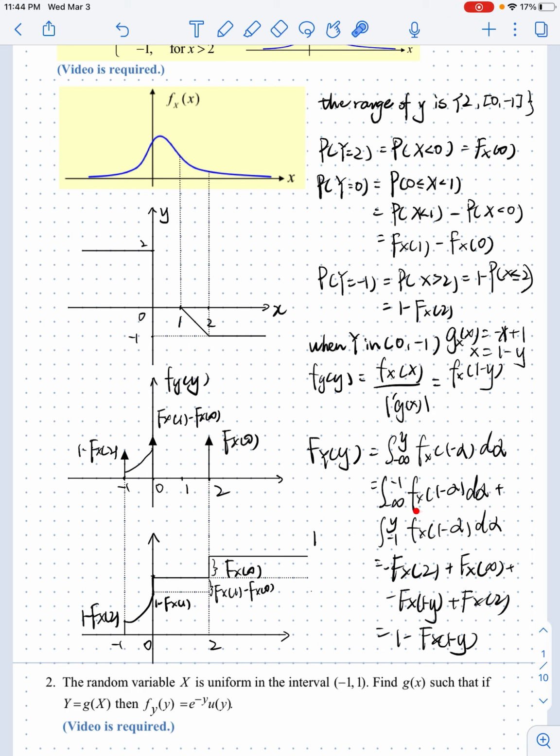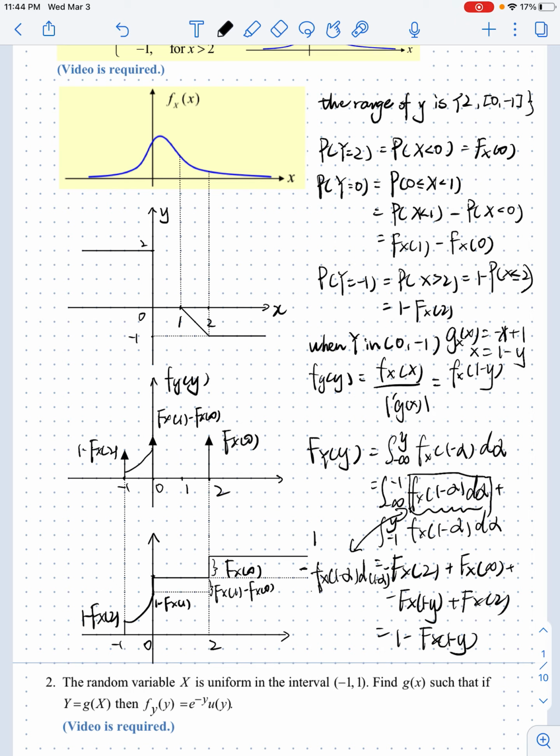And then when we do the integration, this item should be Fx(1 minus alpha) and d(1 minus alpha).